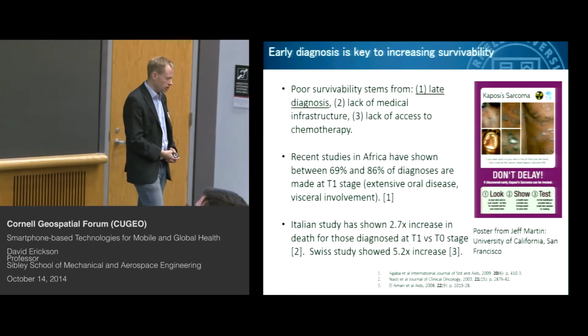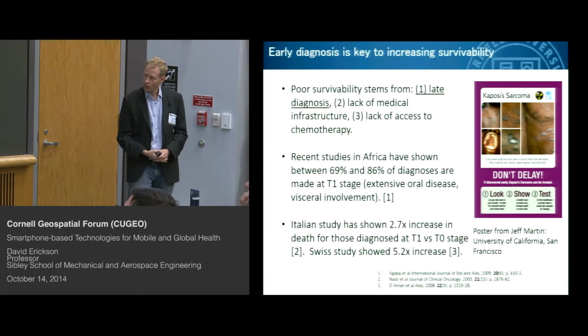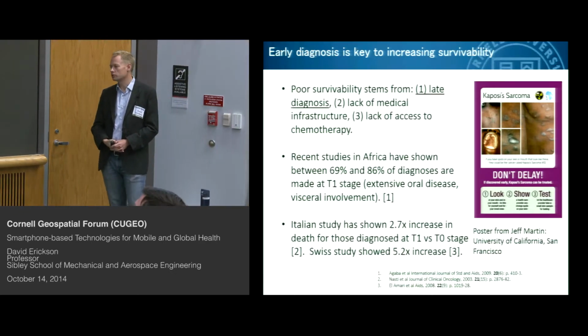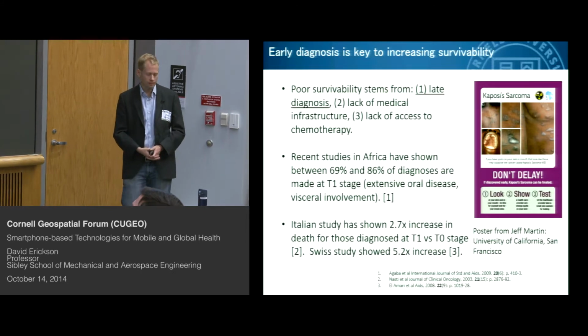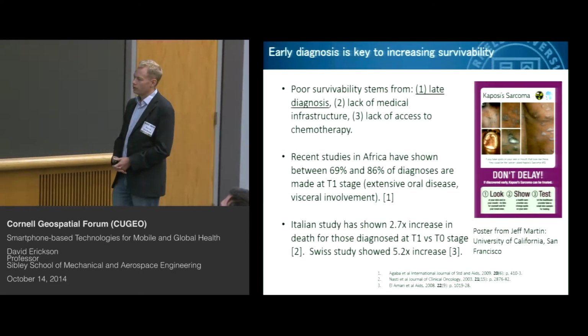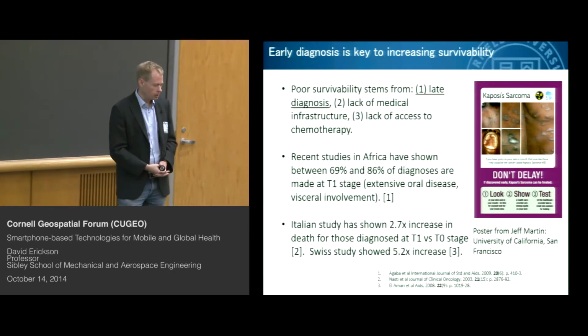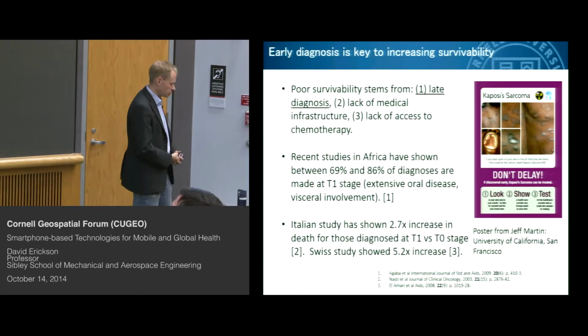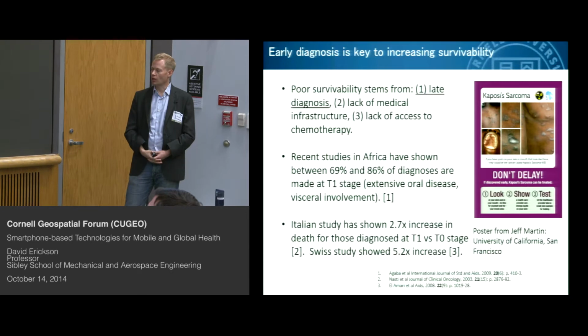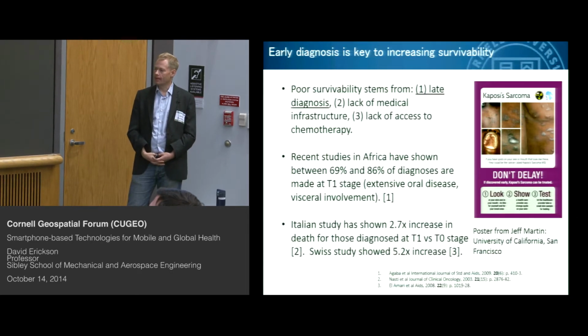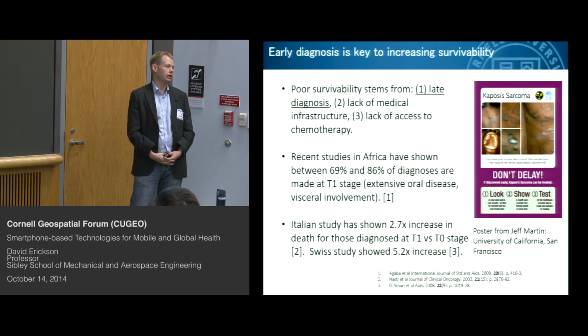There is evidence from a few studies to show that if you can get people diagnosed at T0 stage, you can reduce mortality, even reverse the cancer through antiretroviral treatment. As I say, the physicians that I talked to at the major hospitals, at least in Kenya, say they never see anybody at that stage. By the time they get to them, it's way later than that.